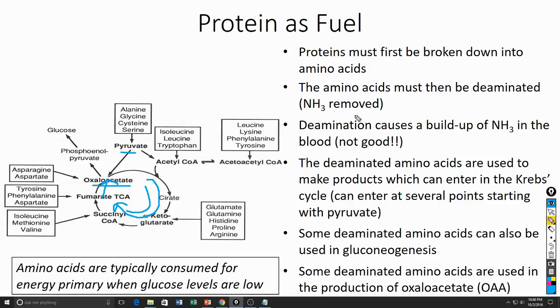But if it were to be broken down, the first step in that process is to remove the amino group, to deaminate it. So when you remove the amino group from amino acids, then essentially you produce ammonia, NH3. So there's two places we've talked about where you get ammonia.